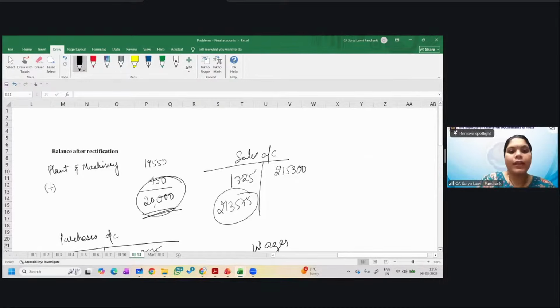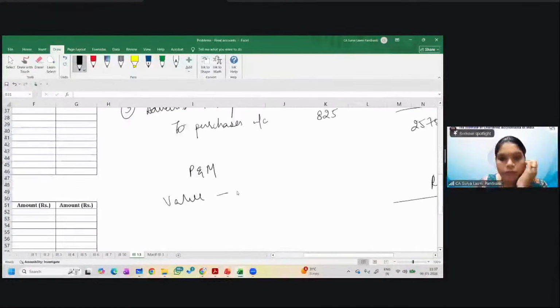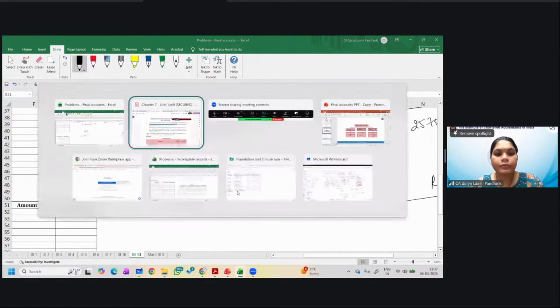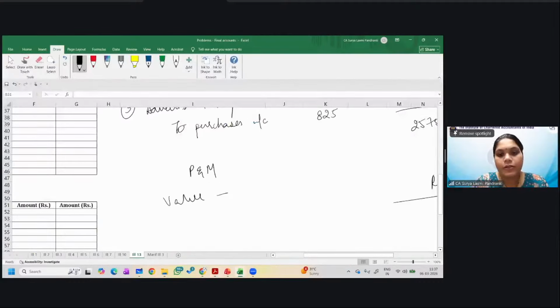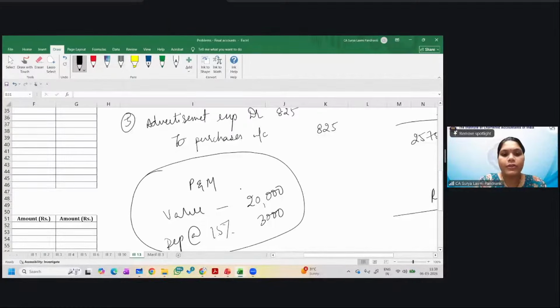If you see, we have done the calculation here. 20,000 is the value, and depreciation is at the rate of 15%. So what is the depreciation? 3,000. Okay. This is for plant and machinery.